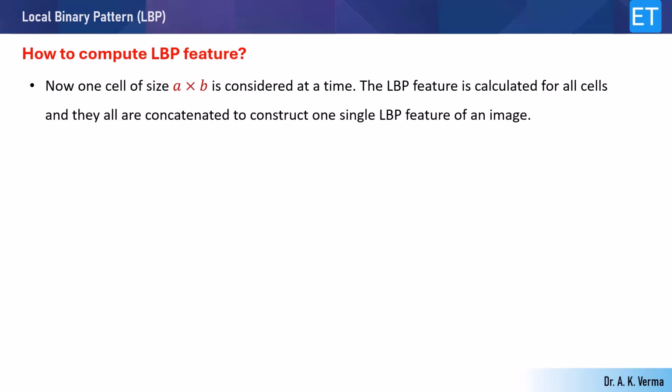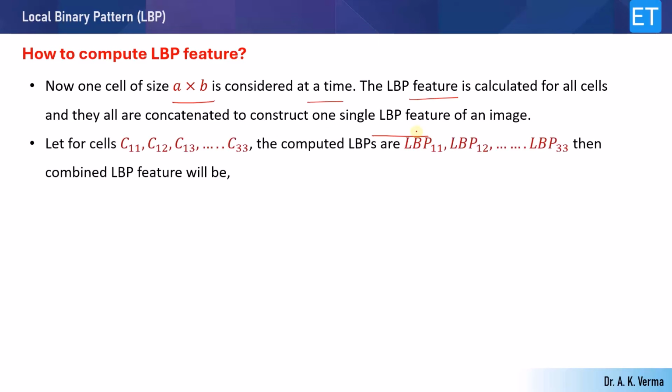Now, one cell of size A by B is considered at a time to compute LBP. The LBP feature is calculated for these cells and they all are concatenated to construct one single LBP feature of an entire image. So as you have seen in the previous case, the image was divided into the 9 cells from C11 to C33, and let's say their corresponding LBP features are LBP11 to LBP33.